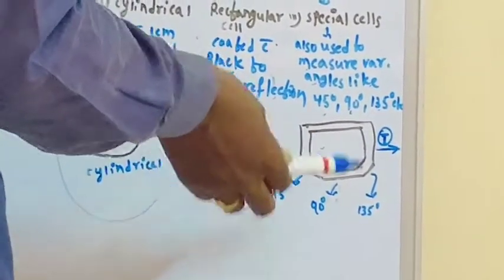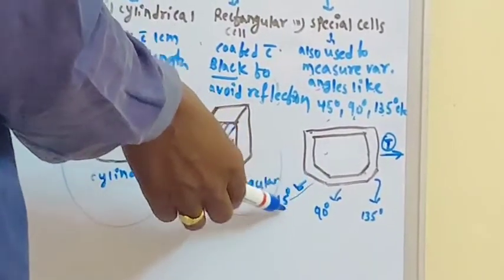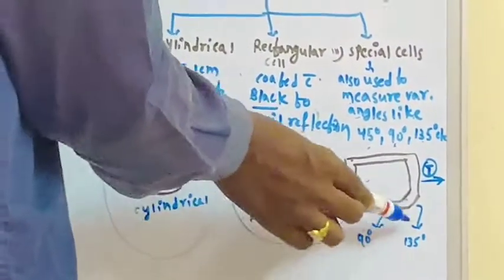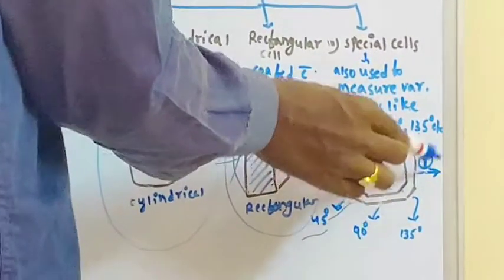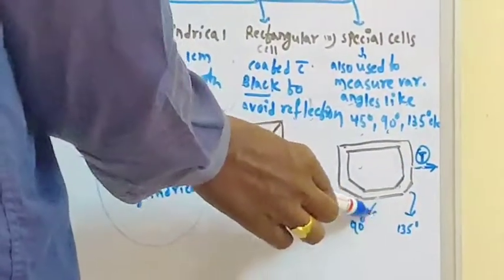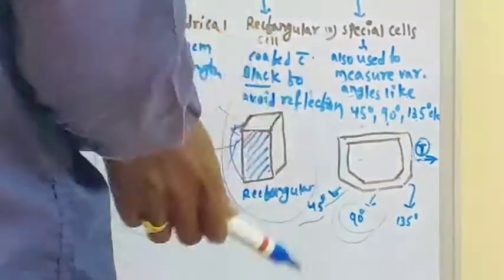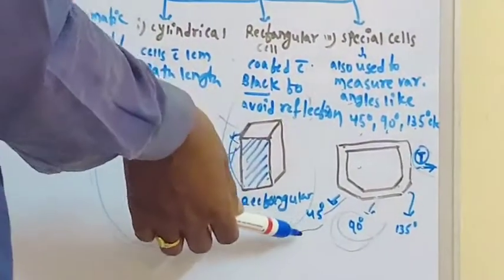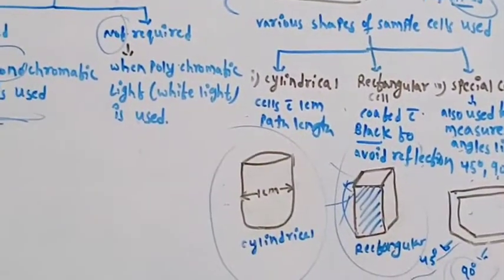If you want to measure the scattered light at 45 degrees, the radiation will come out this way for 45, 90 here, 135 this way, and transmitted 180 by this way. 90 is mostly used in nephelometry and 180 in turbidometry, that we know. In some cases in nephelometry, we can also detect the scattered light at other angles, that is 45 and 135 also. That I already mentioned in the principle.